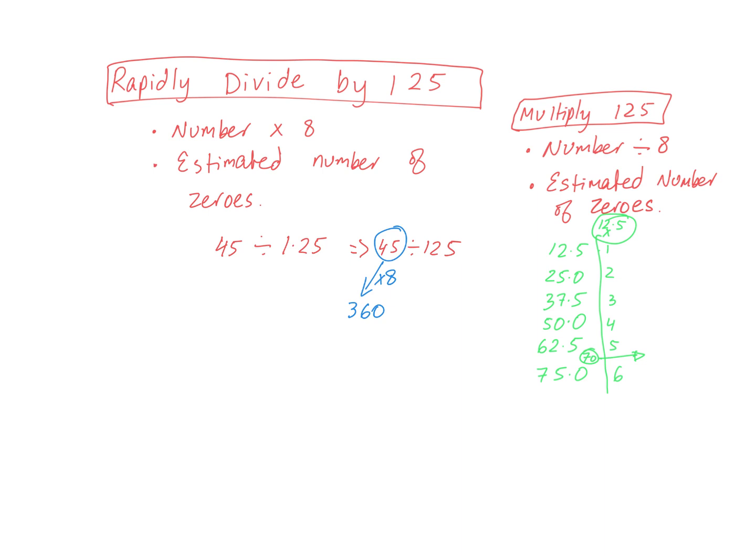And now we've got 1.25. So I've got a chart up here, and right here, we can use these numbers. So for 1.25, this is times 10, times 20, times 30, times 40. 45 is over here.